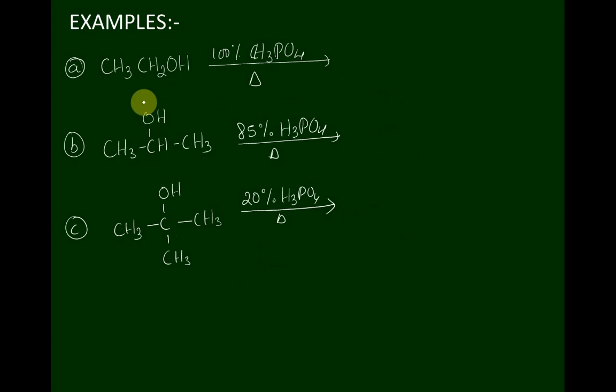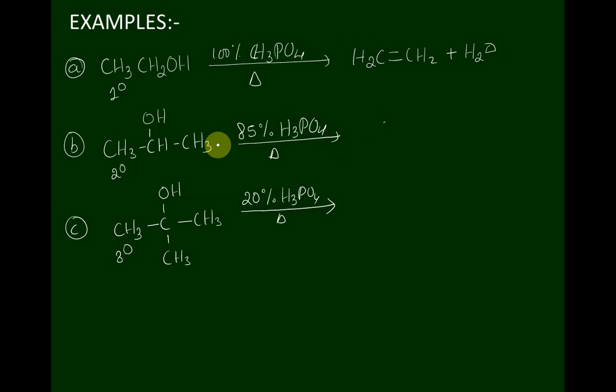Here I have taken 3 different alcohols, that is one primary alcohol, a secondary alcohol and a tertiary alcohol, and these 3 alcohols undergo dehydration reaction by using suitable dehydrating agents such as phosphoric acid. When primary alcohols are subjected to dehydration reaction, they form alkenes with the liberation of water.